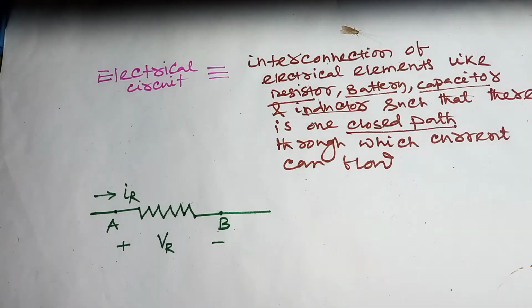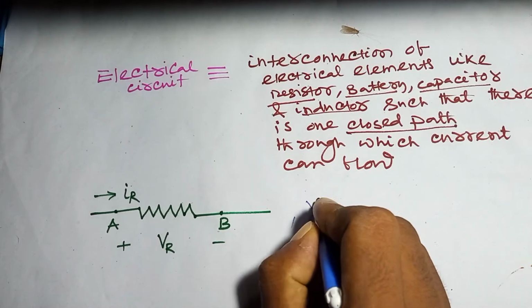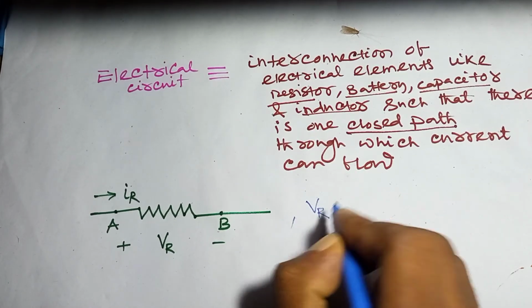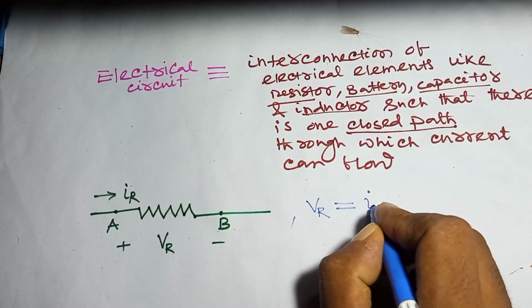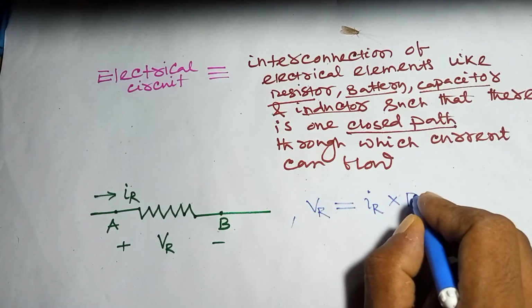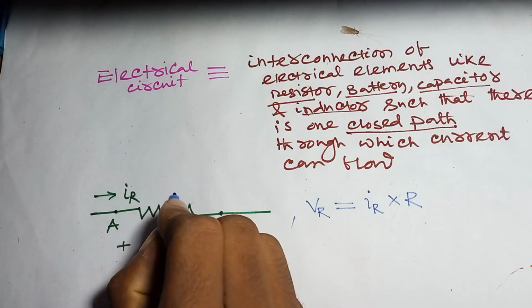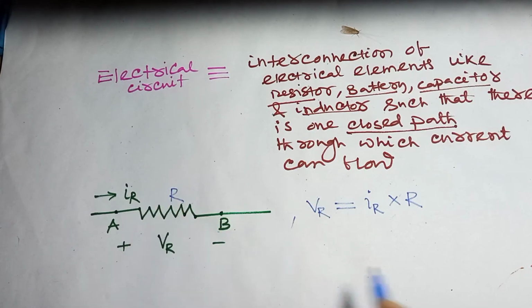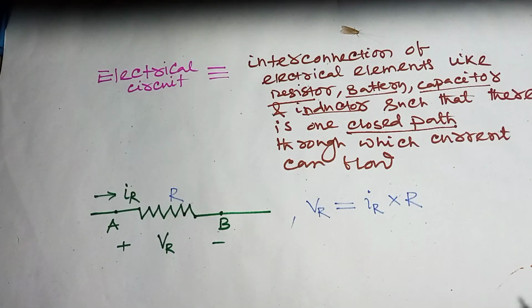The voltage across the resistor is given by the current through the resistor multiplied with the resistance of this resistor. Let's say the resistance value of this resistor is given by R. So VR equals IR times resistance value.